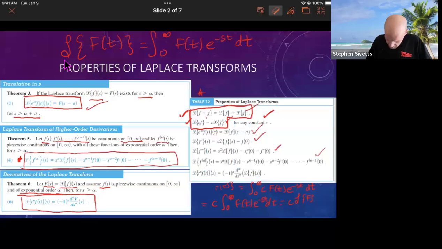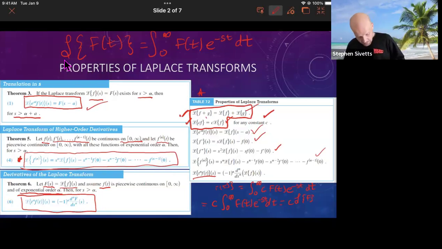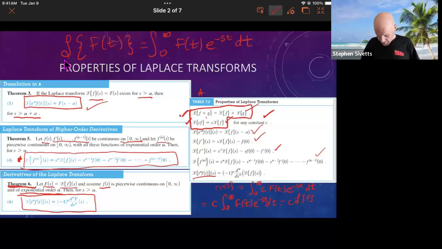The last property here refers to this: if we know the Laplace transform of a function exists, then the Laplace transform of t to the n times f of t is equal to negative 1 to the n times the nth derivative, with respect to s, of the Laplace transform of f of t. And this refers to theorem 6 here.